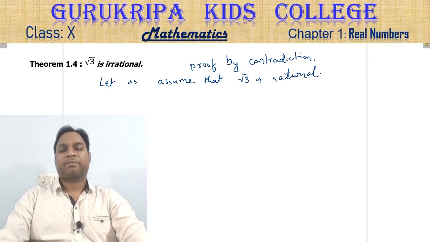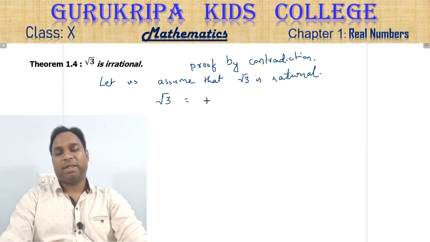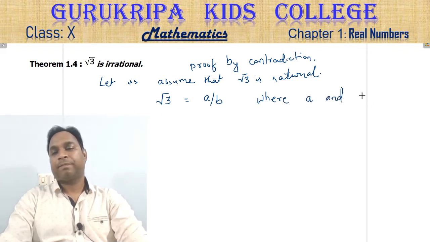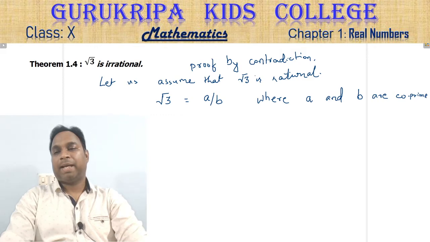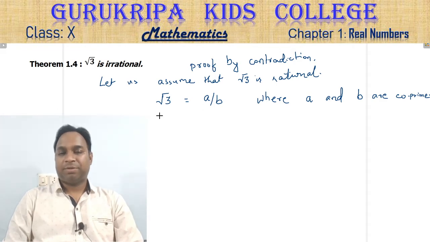Okay. So when square root 3 is rational, then we can write square root 3 is equal to a divided by b, isn't it? Where a and b are co-prime, means there is nothing in common in a and b which can be cancelled out.